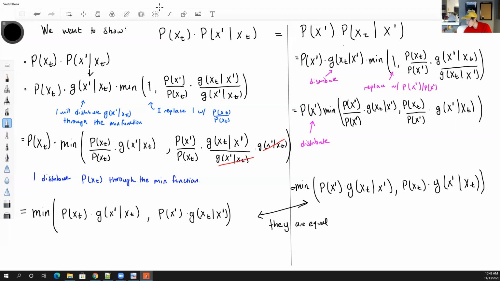And the amount flowing the other way, from x prime to xt, is the minimum between this value and this value. So whatever it is, the two things are going to be equal to each other. All right, and that's that.